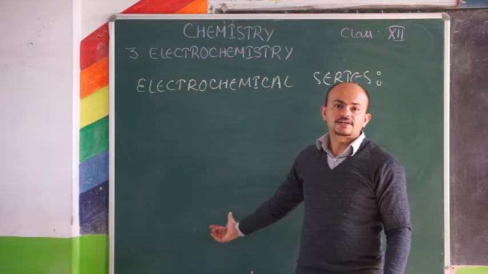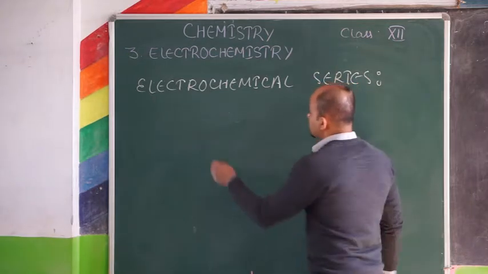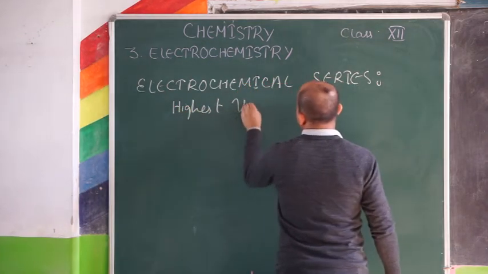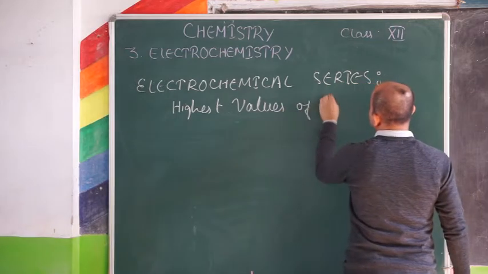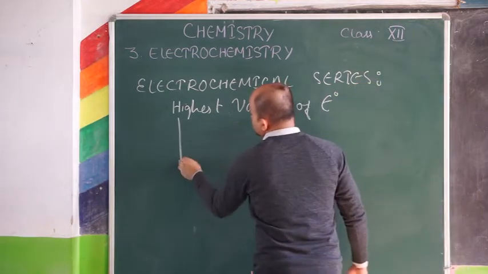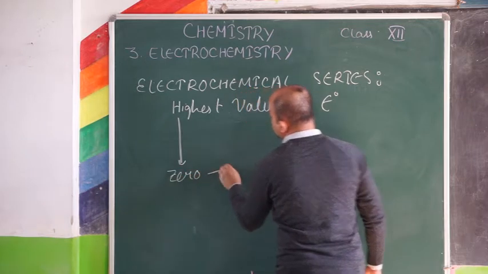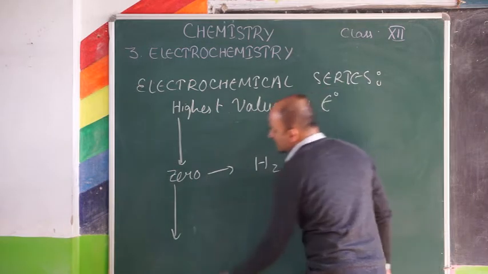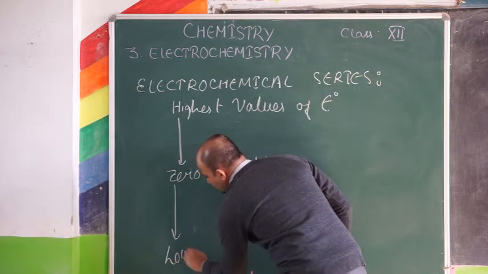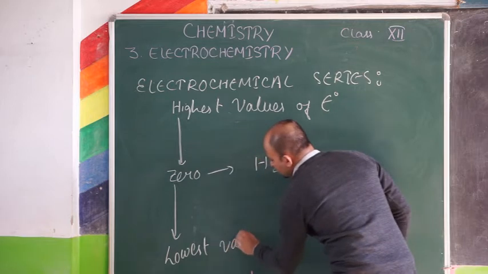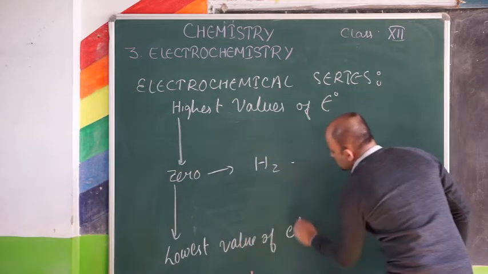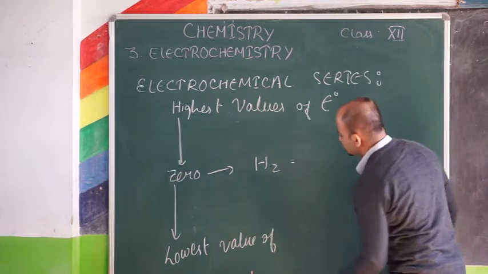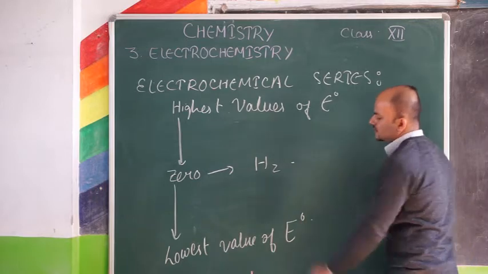So here you have the highest values of E0 at the top, and as you go down it becomes 0, and 0 is for hydrogen, please don't forget. And as you go down it becomes more negative, and at last you have the lowest value of standard electrode potential, or E0.